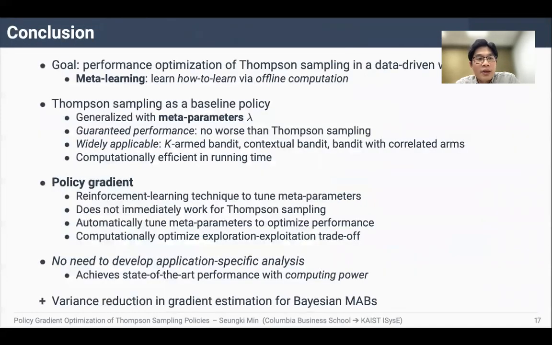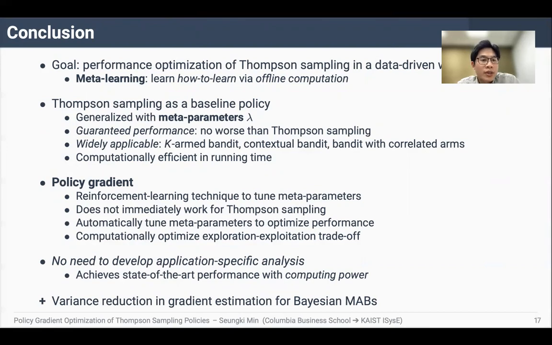So great, let me wrap up the talk. We discussed how to improve the Thompson sampling using the policy gradient framework. Basically, we are achieving the goal of meta learning. We are learning how to learn in a data-driven way.